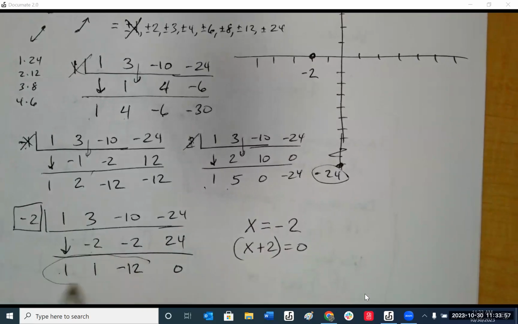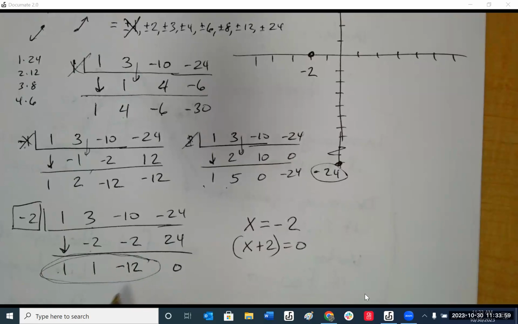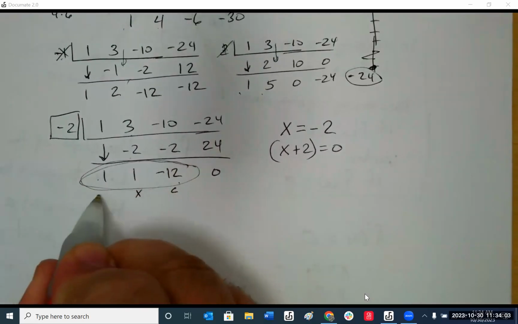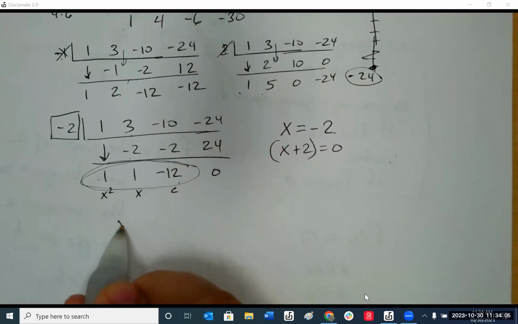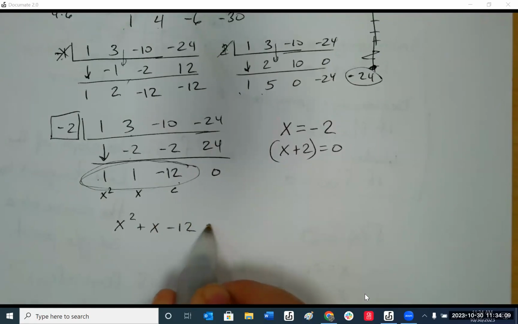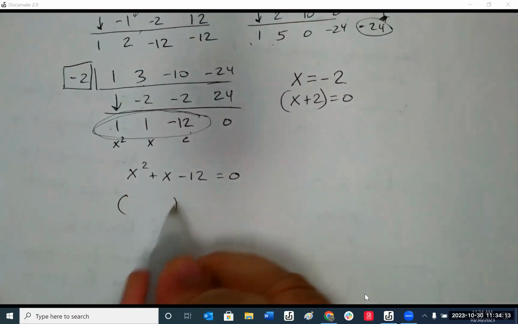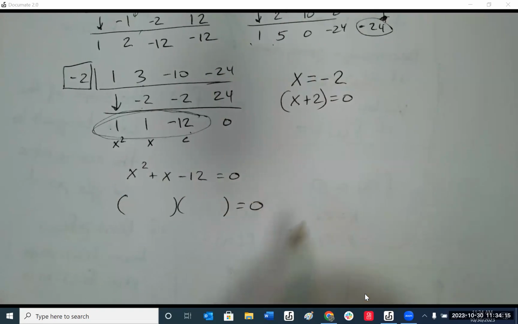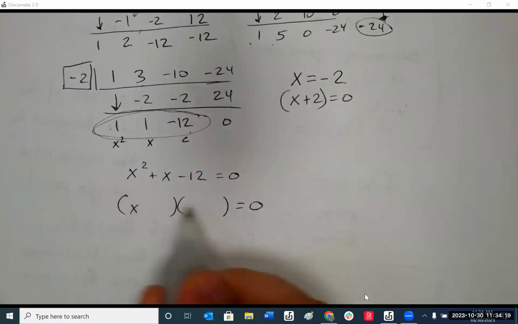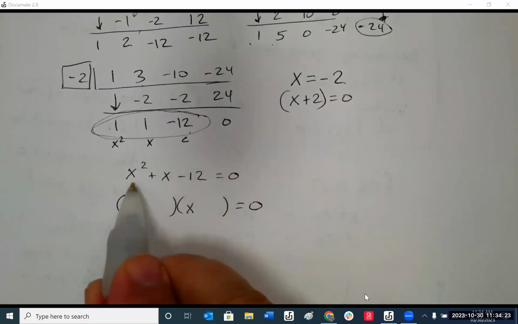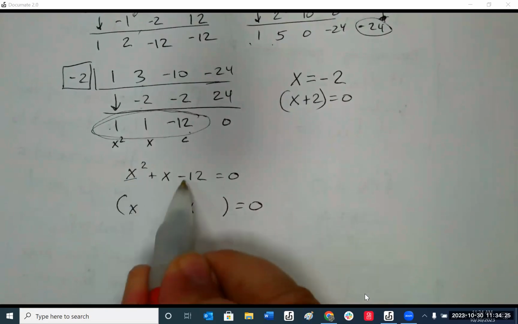Now all we have to do is look at this equation. This is the constant, this is the x, this is x squared. So we have x squared plus x minus 12. We can factor those. What makes up x squared is x times x.